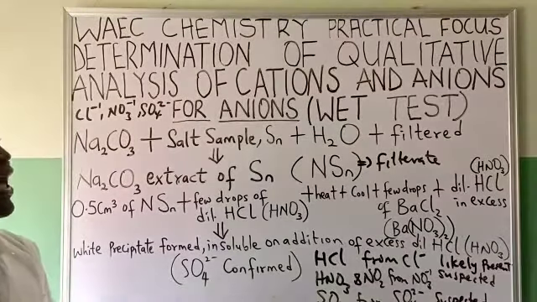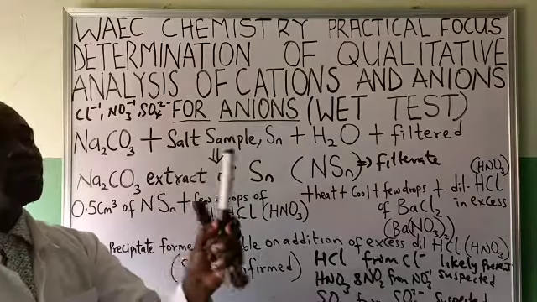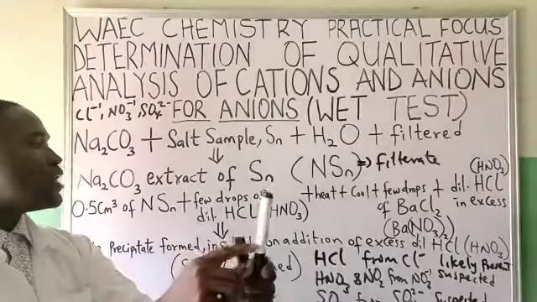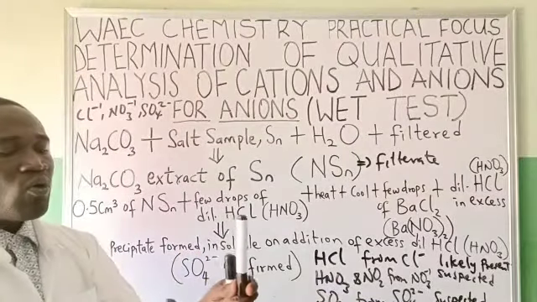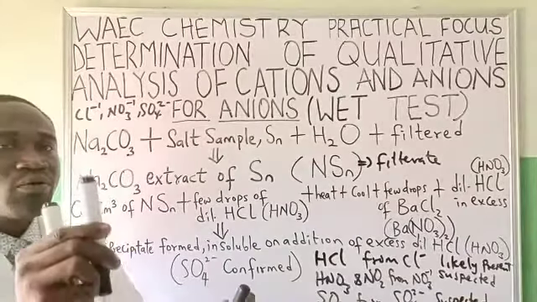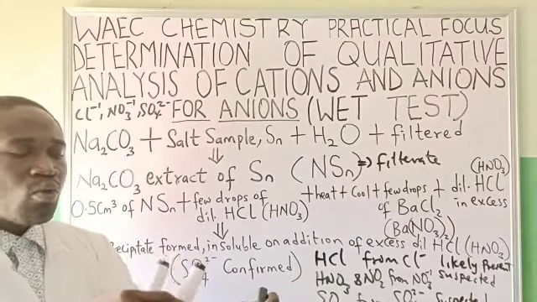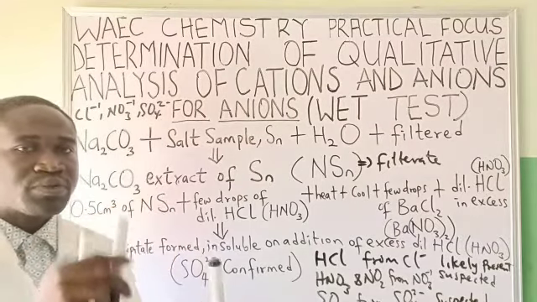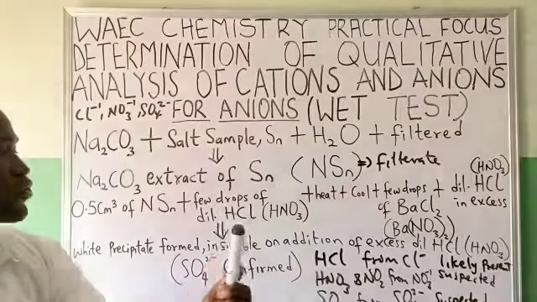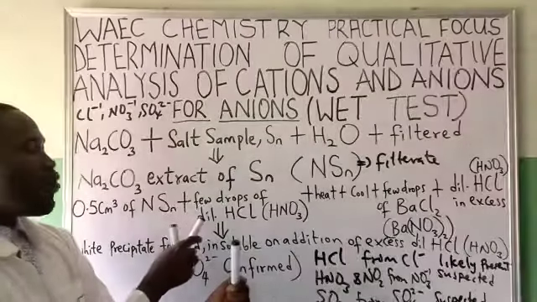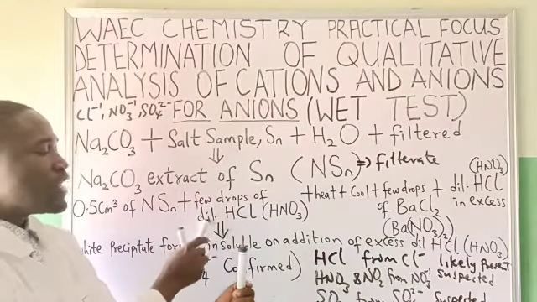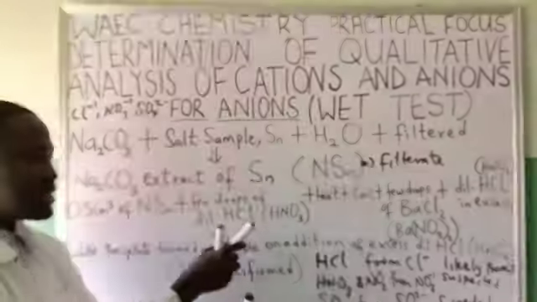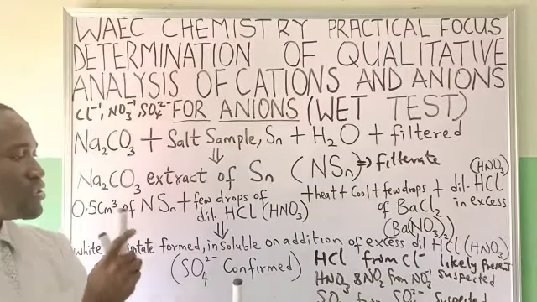Then once I filter it, I'll keep the test tube containing the sodium carbonate extract. I will now be collecting small quantity from that test tube into this other test tube. I'll just put few drops here. When I put few drops here, I will put few drops of dilute HCl. I'm now trying to test for sulfate.